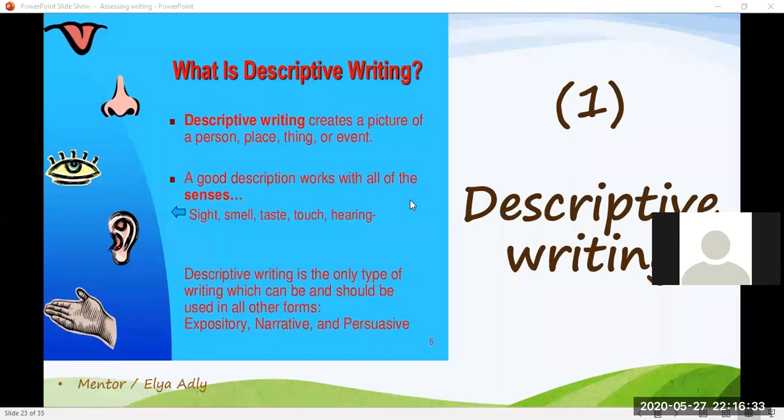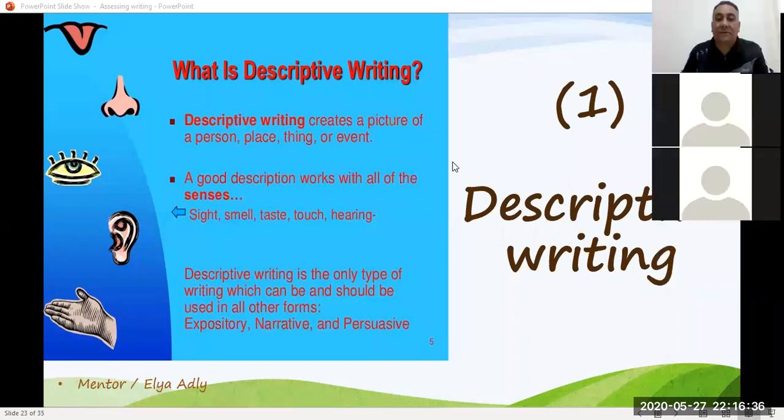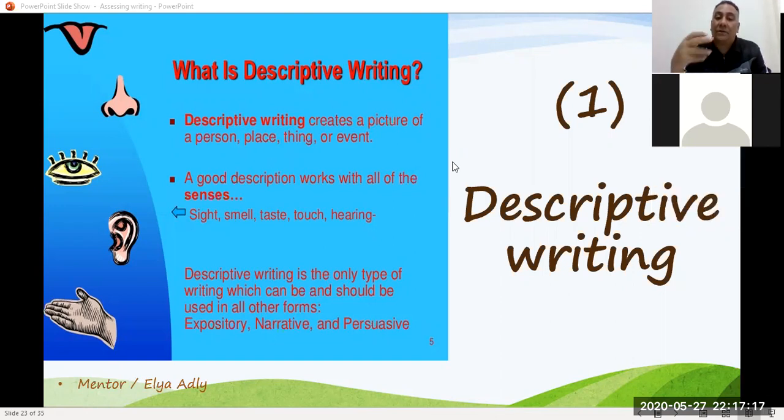So when you ask your students to write a descriptive writing, you can give them some titles like describe your school, or give them a title for a paragraph of writing, for example, your daily life. So the student here can describe when he wakes up and everything, and what the student does when he goes to school and during the school day.